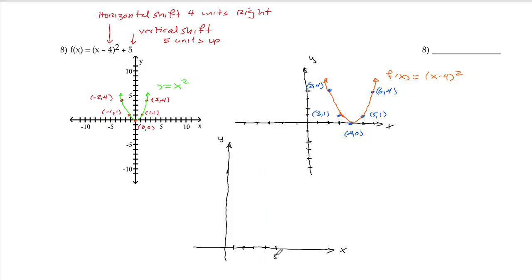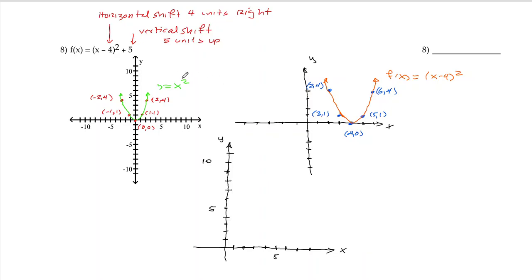This is 5, 6, 7, 8, and then 1, 2, 3, 4, 5. This will be 5. So 6, 7, 8, 9. It will be 10 here. 11.